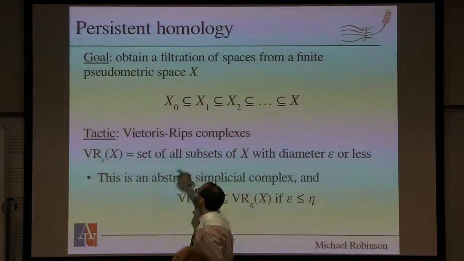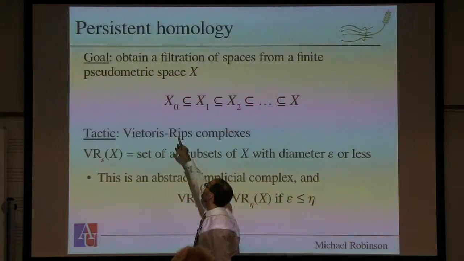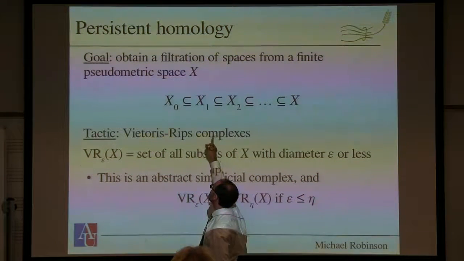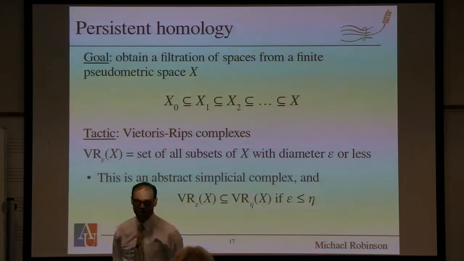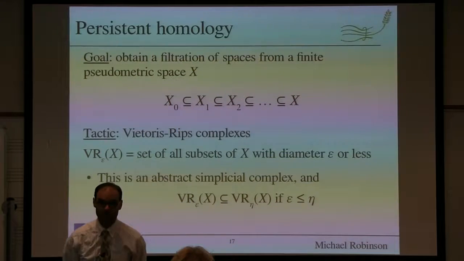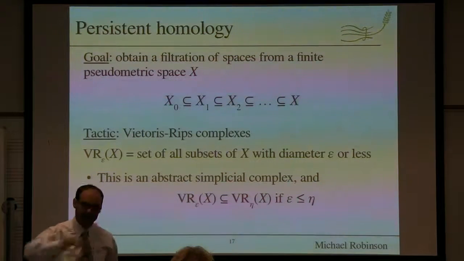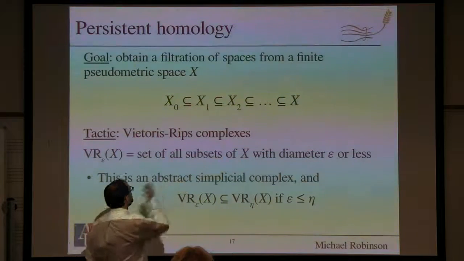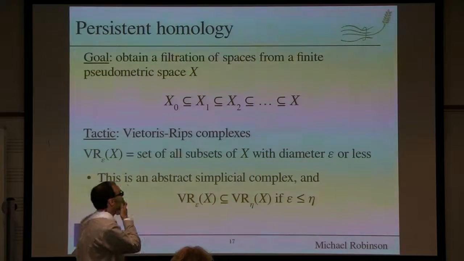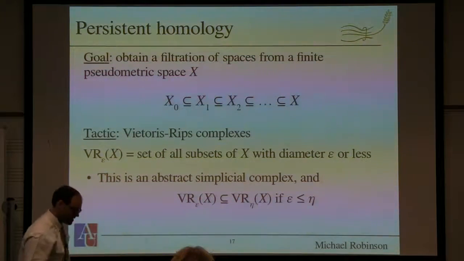Which is to say that if I measure distance between 2 points over here, and then I measure the distance between those same 2 points over here, I get the same distance. So the distance metrics are preserved in some reasonable fashion. Essentially what I'm doing is I'm adding more points as I go. Now, you can ask, then what can I do with this set of finite pseudometric spaces?